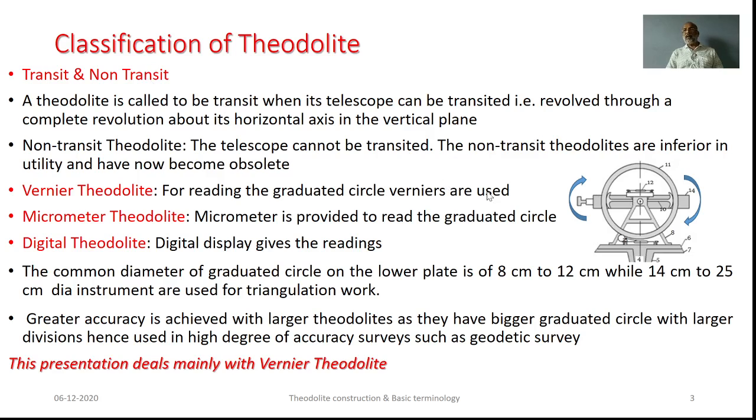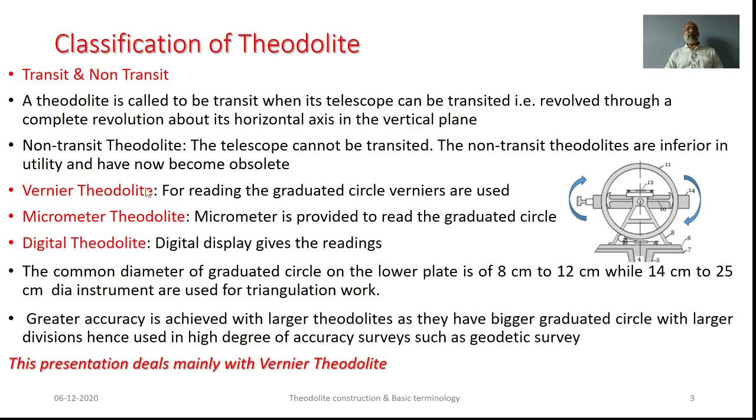Whereas nowadays, mostly the telescopes are internal focusing type, their length could hardly be 15 centimeter to 17 centimeter and accordingly the telescope can be rotated in the vertical plane about its horizontal axis. Such equipment is termed as transit. Today, non-transit is almost obsolete. All theodolites that we use are of transit category only.